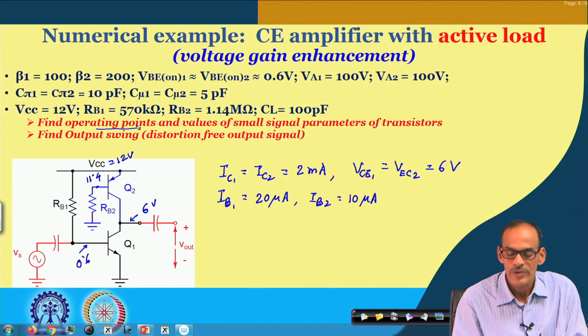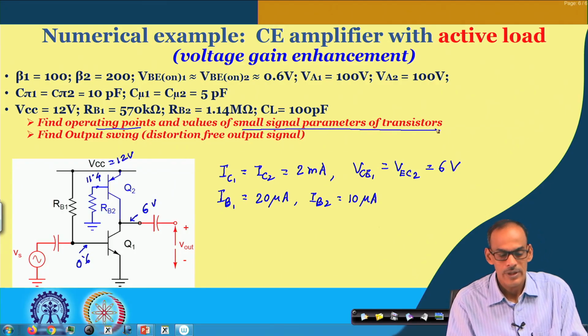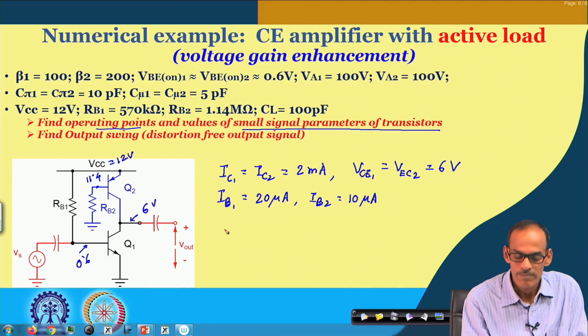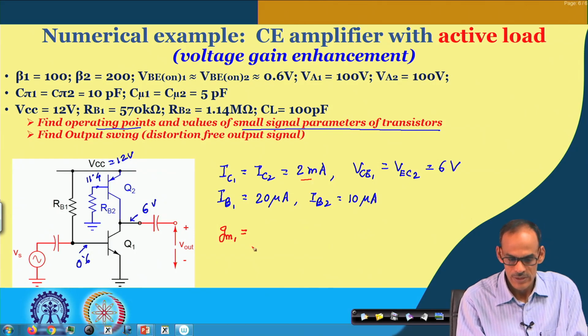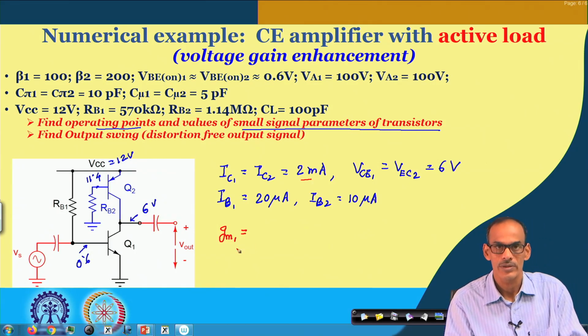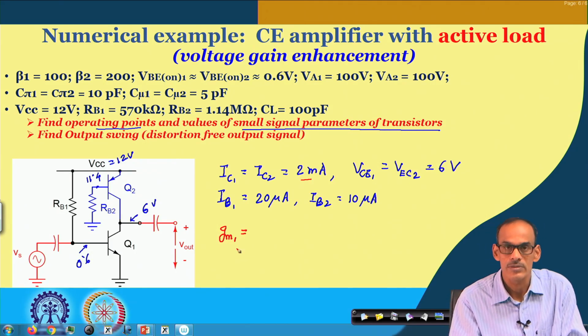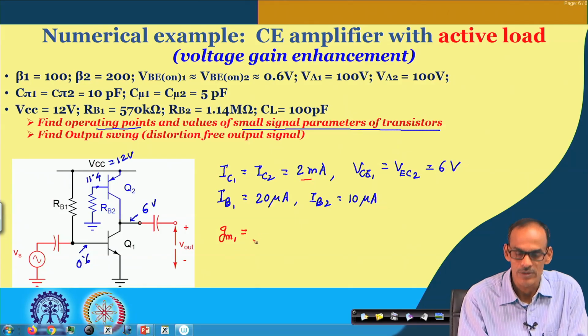So, that is the operating point. From that we can calculate the small signal parameters of the transistors, namely gm. gm of transistor 1 is IC divided by VT, the thermal equivalent voltage, which we can consider 26 millivolt.